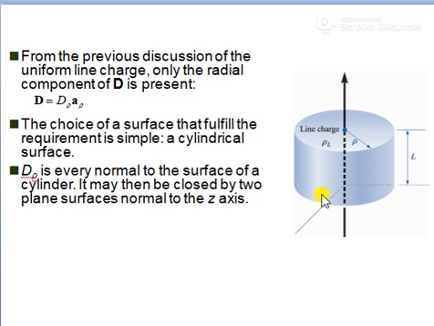Consider one differential surface area dS on the surface of the cylinder at a distance rho from the line charge. As the line charge is along the z axis, there cannot be any component of D in the z direction. So D has only a radial component.